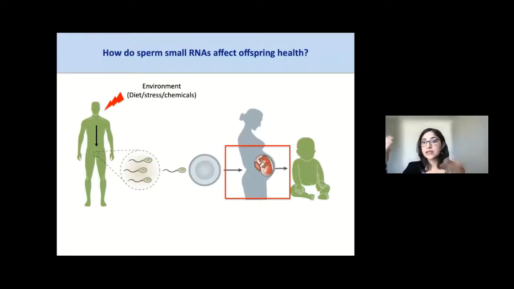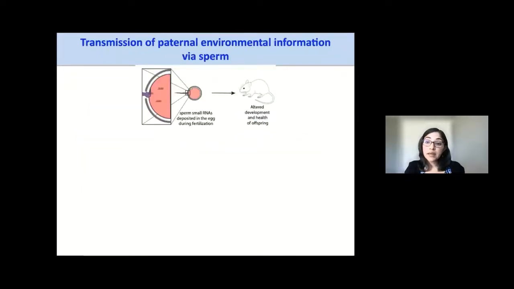What results in those cholesterol metabolic changes? What we think is happening is that sperm deliver these small RNAs to the egg when they fertilize. These small RNAs, as you may remember, can target RNA and chop them so they don't make protein. So they will change the gene expression, and that might affect the health of the offspring.